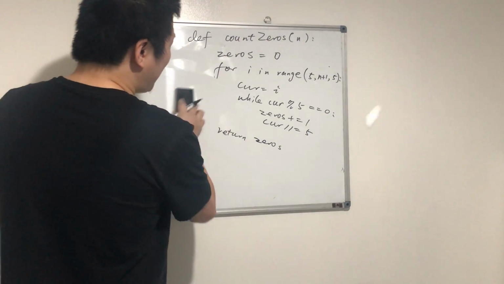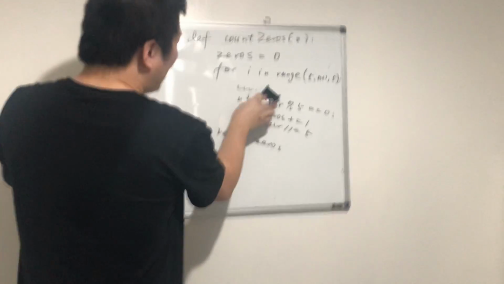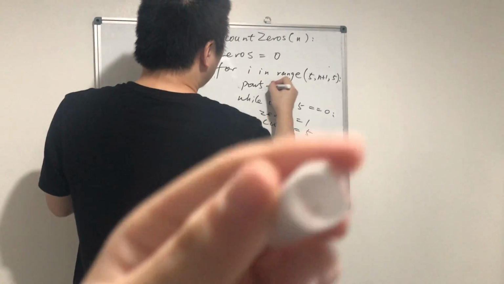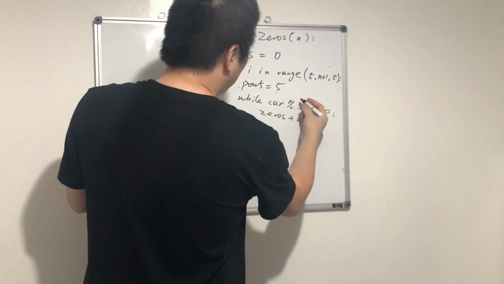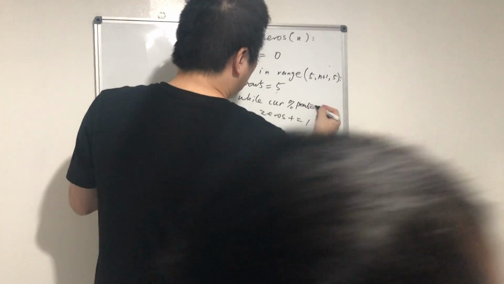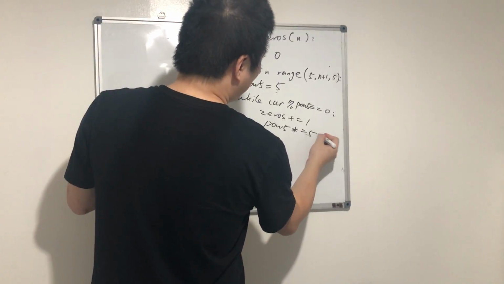I can also do it the other way. Power of 5 equals 5, then check whether current modulo power of 5 is zero, and then power of 5 times equals 5. It's the same thing.